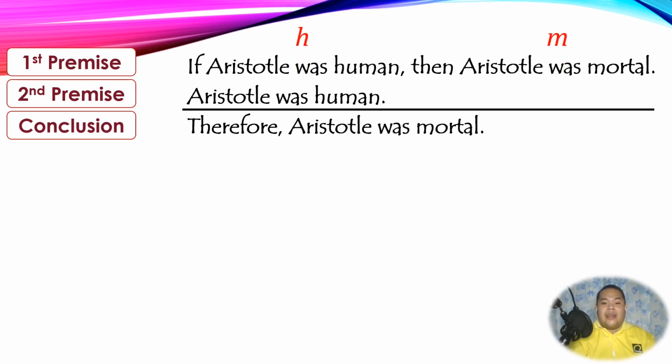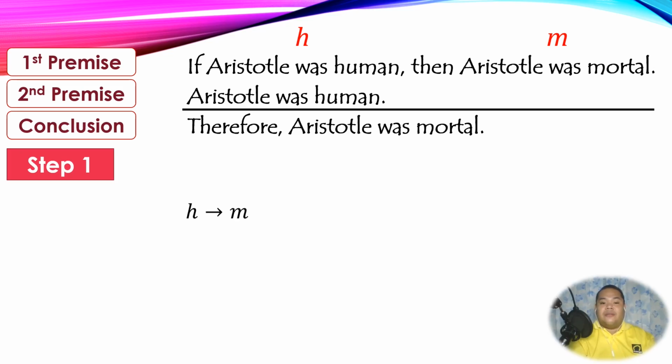Remember that step 1 is to make them symbolic, which means we have to change Aristotle was human into a symbolic letter, which is H. Aristotle was mortal will be M. Step 1. H implies M because the statement is if Aristotle was human, then Aristotle was mortal.